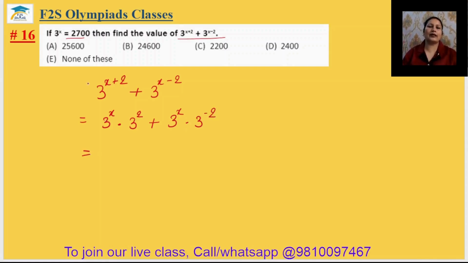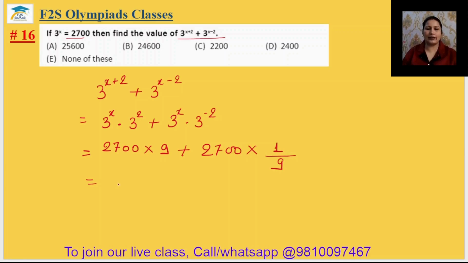And 3^x is already given, that is 2700. Multiply by 3 3s are 9, plus 2700 multiplied by, 3 3s are 9, but it will be 1 upon 9 because the power is minus.